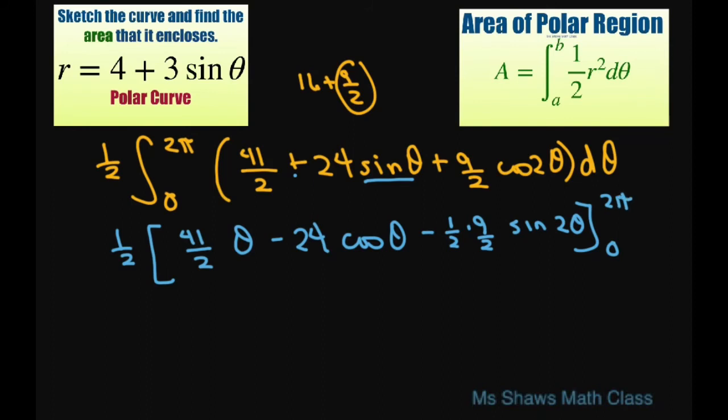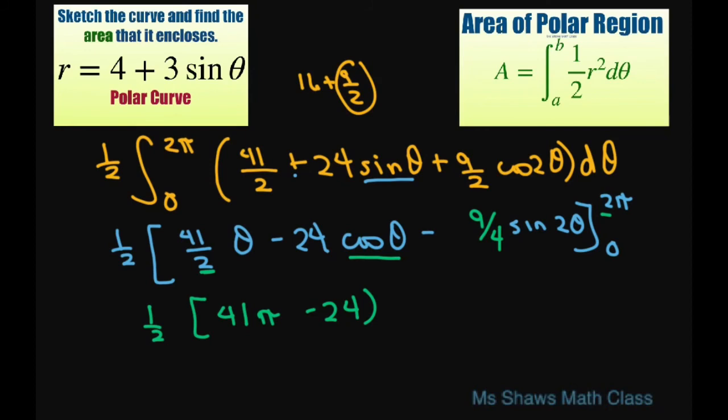Now I'm going to go ahead and change this to 9/4, so I don't have to make a new line. So that's 9/4. All right. So when you evaluate this, this is going to give you 1/2 times 41 pi, because the 2's will cancel out here, minus 24, because cosine of 2 pi is 1.